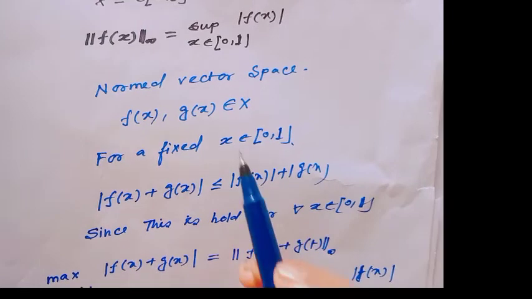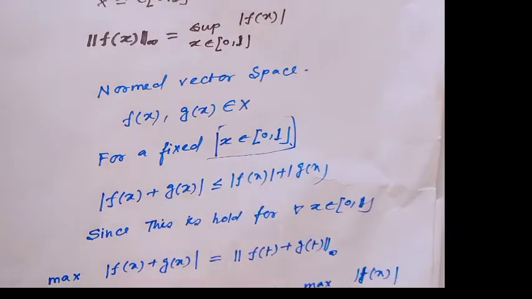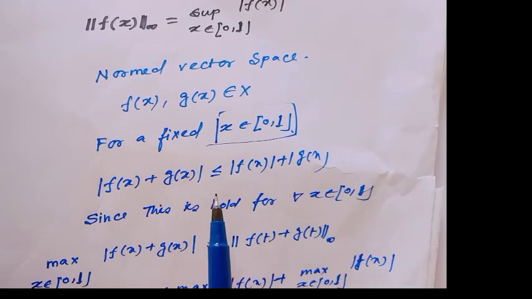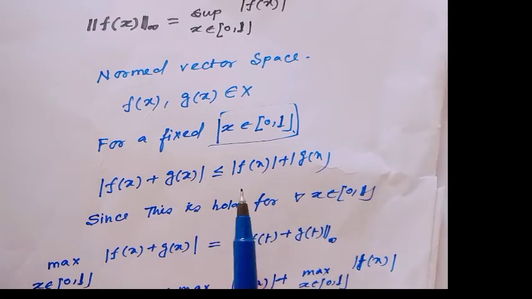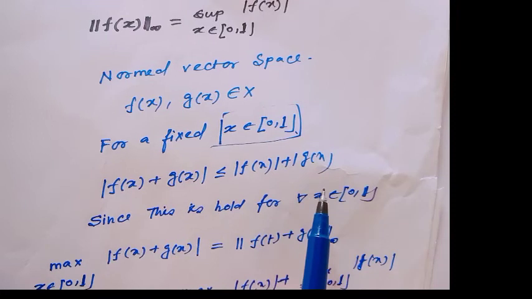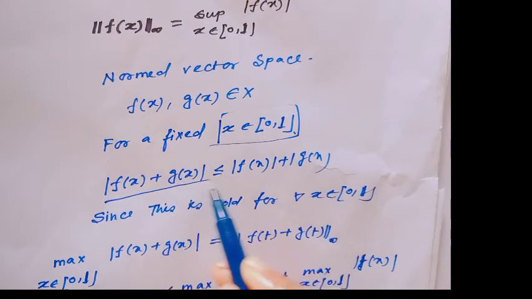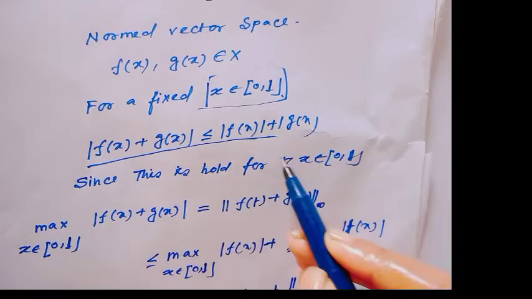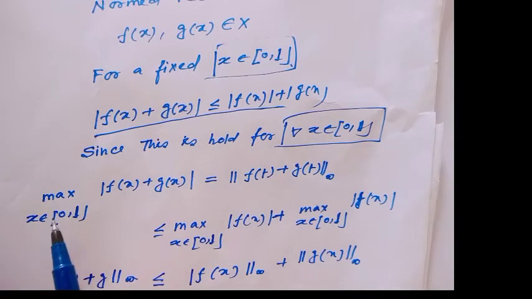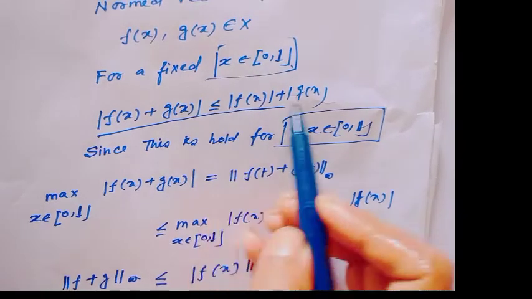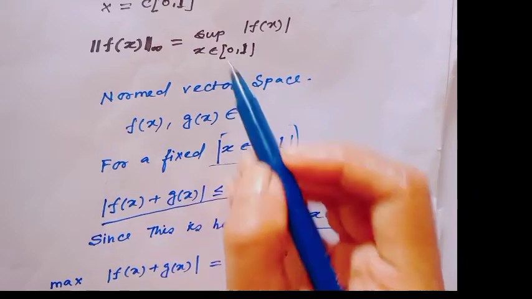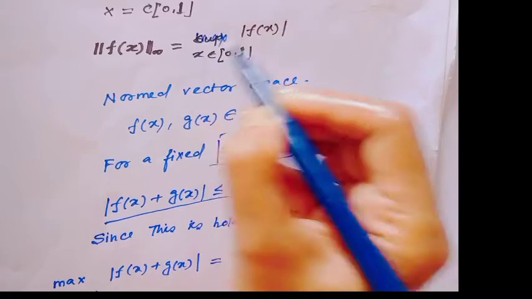Then for a fixed value x belonging to [0,1], the absolute value of f(x) plus g(x), we all know, is always less than or equal to the absolute value of f(x) plus the absolute value of g(x). And this inequality holds for all x belonging to [0,1]. Now apply the maximum on both sides, because here the norm is defined as supremum or maximum.